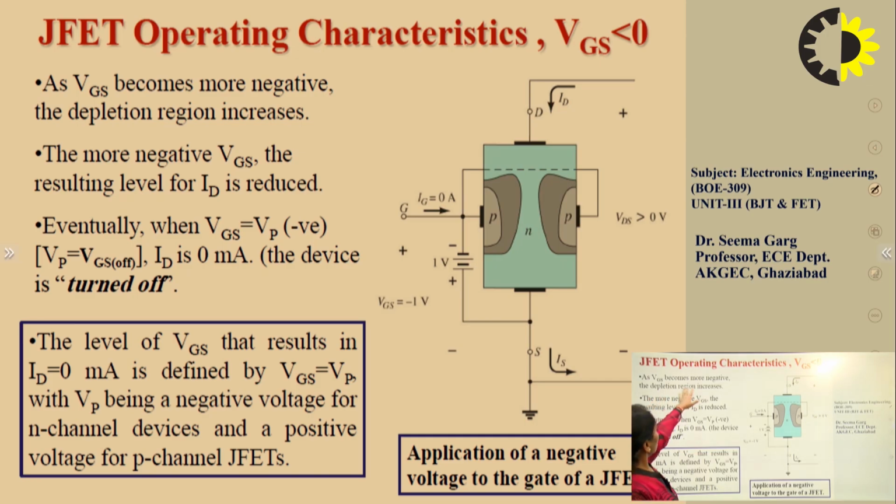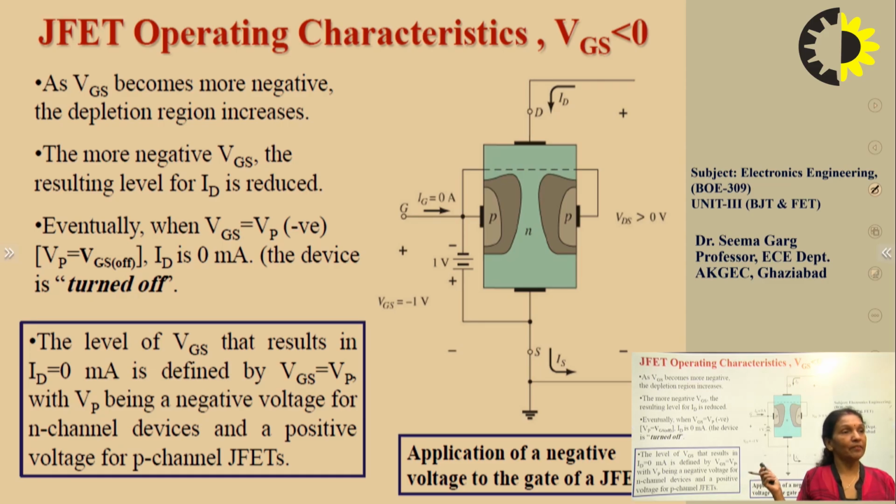As VGS becomes more negative, the depletion region increases. The more negative VGS, the level of the ID reduces. Eventually, when VGS is equal to VP, that I have already discussed, then ID is equal to 0.